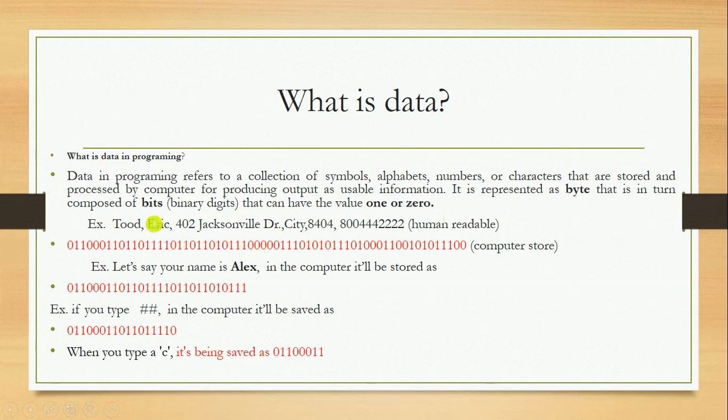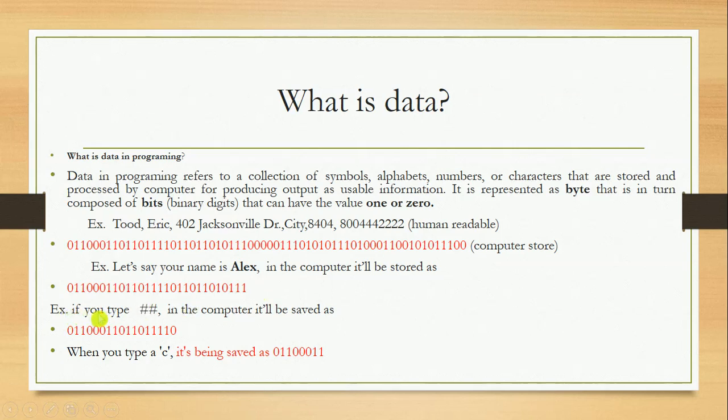For example, if you type this address, how will the computer store it? The computer will save this data as zeros and ones like this. Let's see another example. Let's say your name is Alex. How will the computer store it? In the computer, it will be stored as zeros and ones like this.